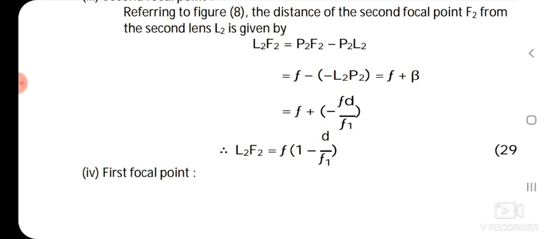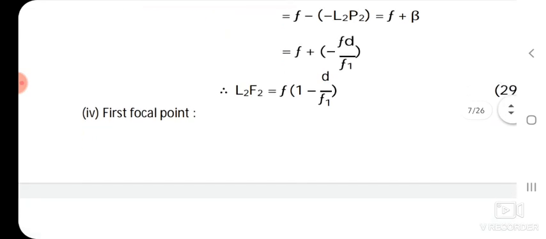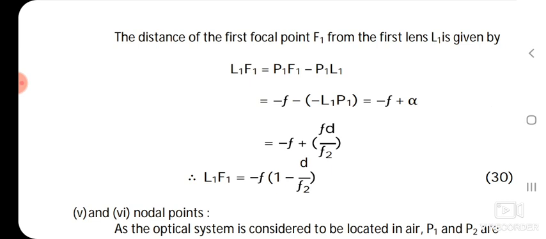The distance of the first focal point F1 from the first lens L1: for the first focal point, L1 F1 is equal to P1 F1 minus P1 L1.